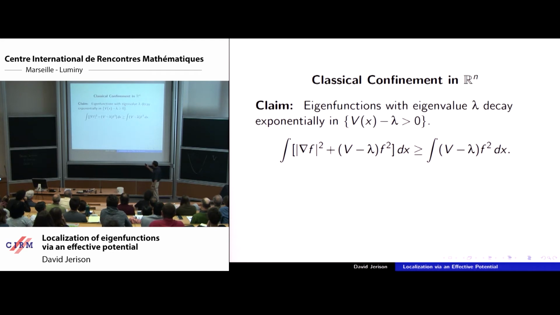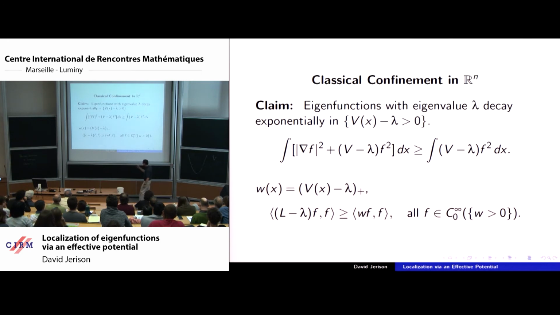Okay, so how is it used? Well, it's called a form bound. It's a lower bound in the sense of L2 on the operator with this weight, but not on all of space. You have to restrict to the place where W is strictly positive here.